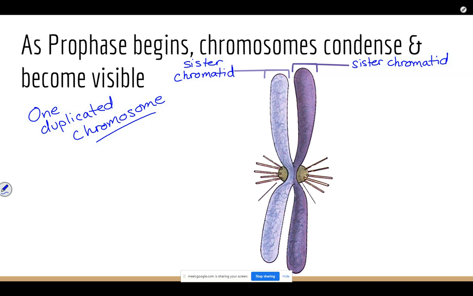You can see on my slide, one sister chromatid is light purple and the other one is dark purple. Those are 2 identical copies of the same DNA code.